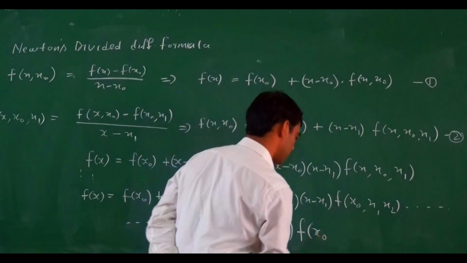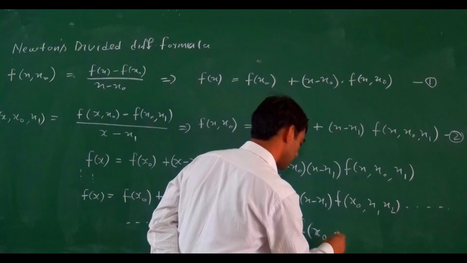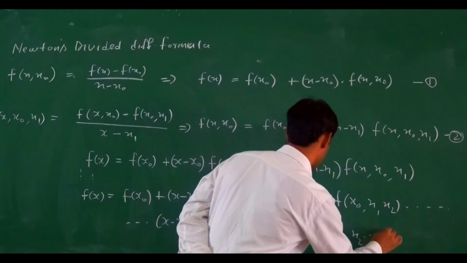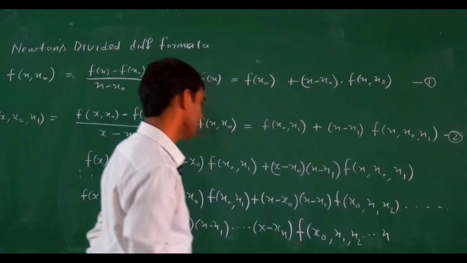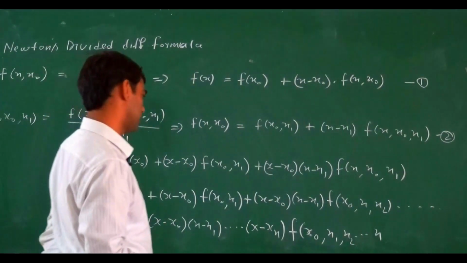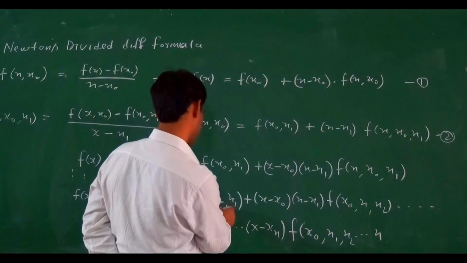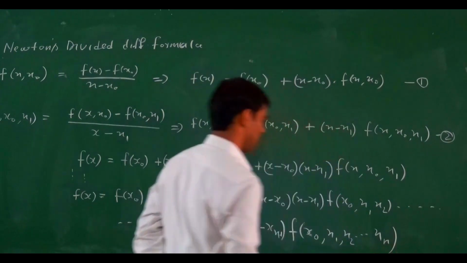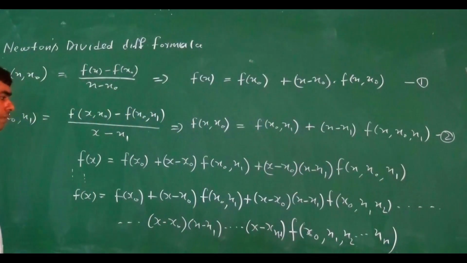What is the notation of the nth order divided difference? f of x0, x1, x2 up to xn minus 1, xn. This is the nth order divided difference.